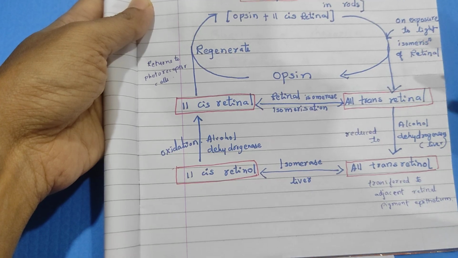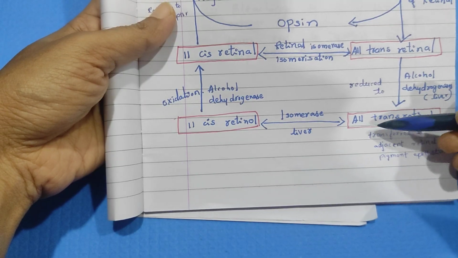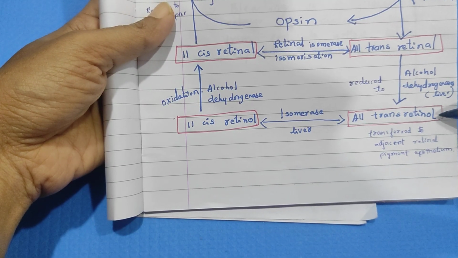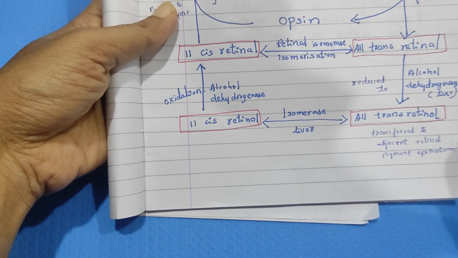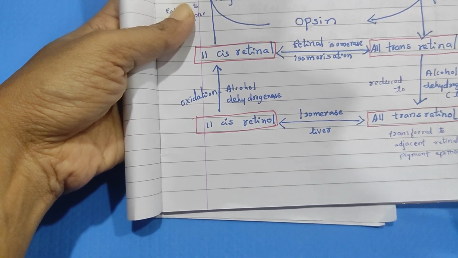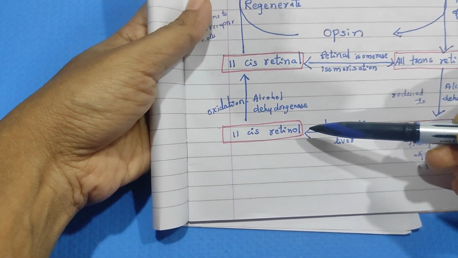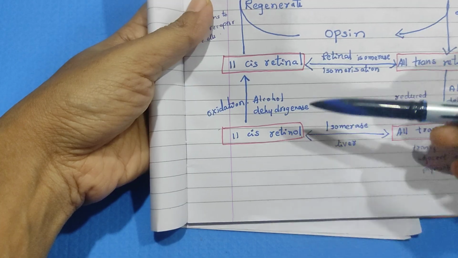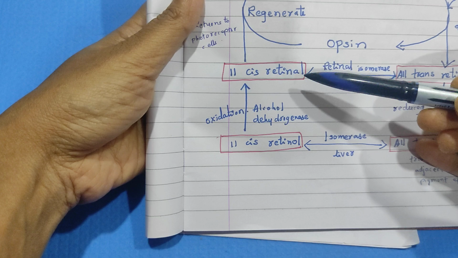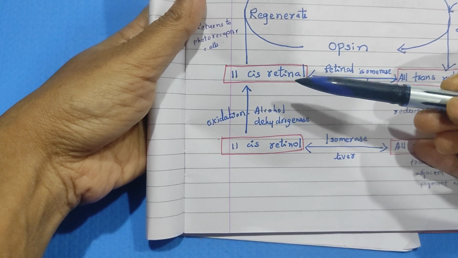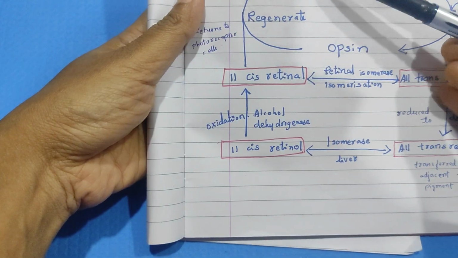So opsin is released and then again it is reduced to all trans retinol, which is then transferred to the adjacent retinal pigment epithelium. Then again it undergoes isomerization to release 11-cis retinol, which is then again oxidized to 11-cis retinal. That returns to the photoreceptor cells and combines with the opsin again, and it regenerates rhodopsin.